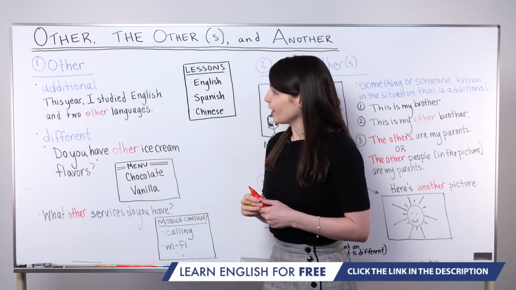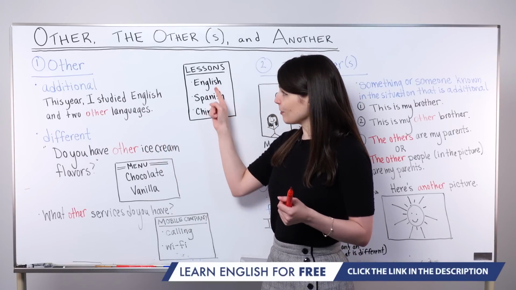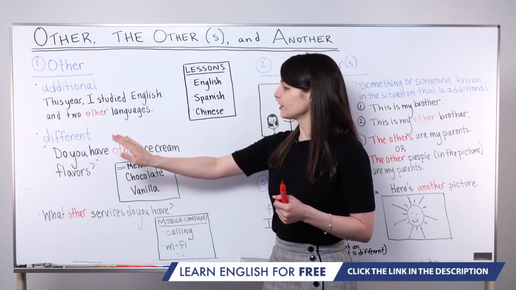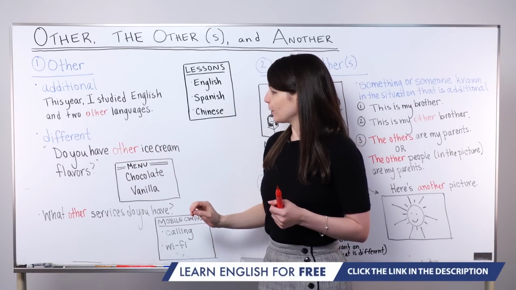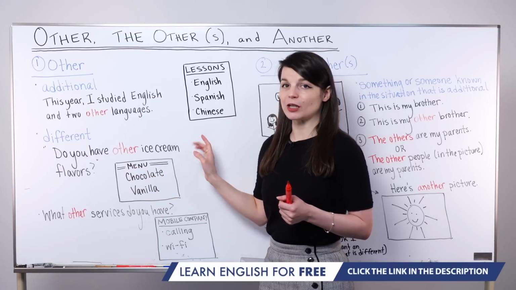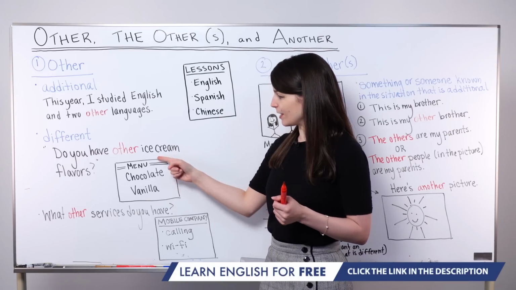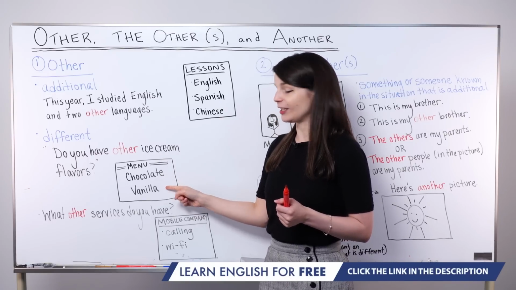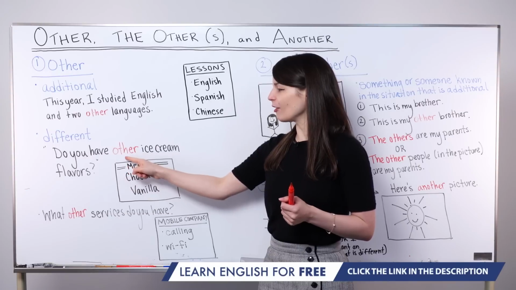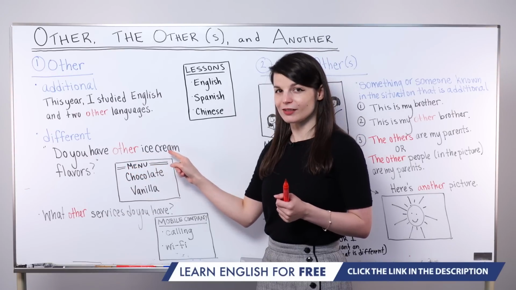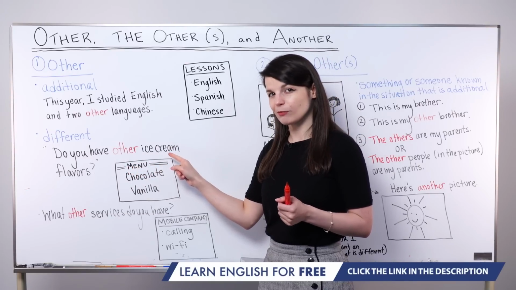One more use of other that actually is quite similar to this first use is to mean different. So, for example, if we go to an ice cream shop and the menu is chocolate ice cream and vanilla ice cream, a person might ask, do you have other ice cream flavors?